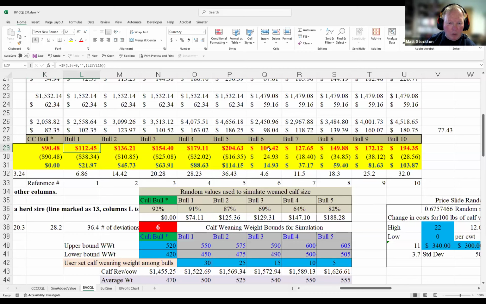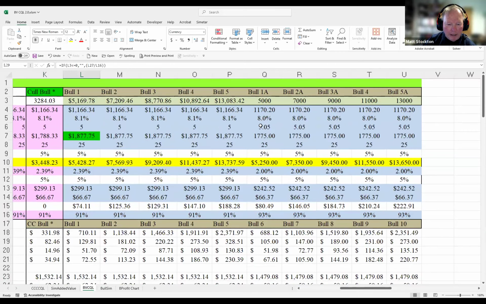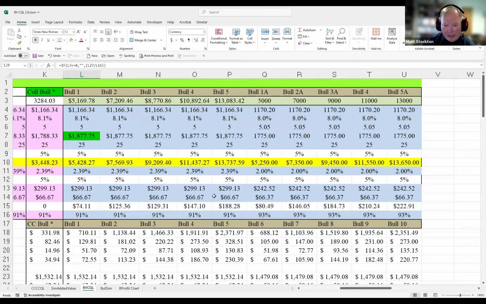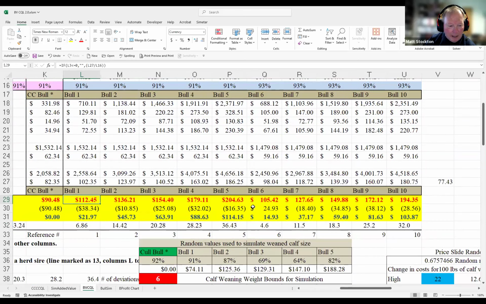So that same bull, which is a $5,000 bull, given the production that I've indicated he has and all the things about him, he's costing me that much on average, but he's costing me $112 this year.